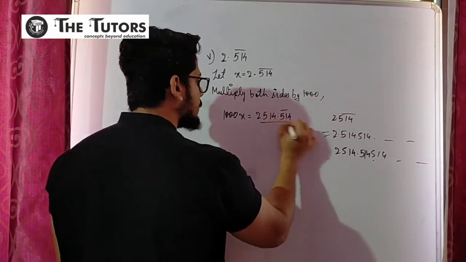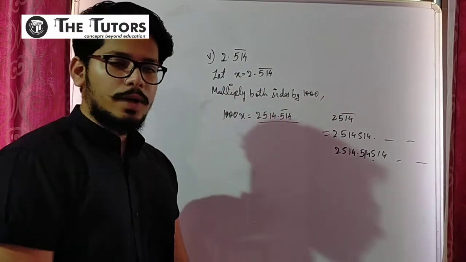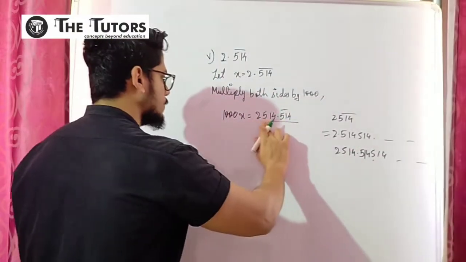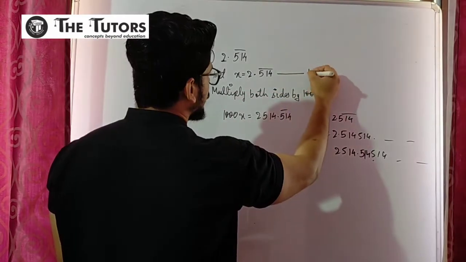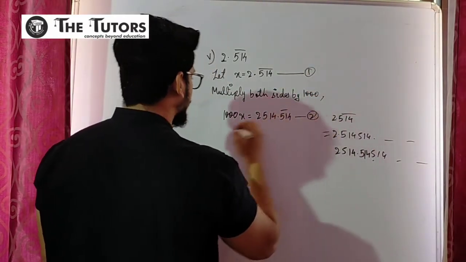This will be the answer when you multiply it by 1000. So this is your first, this is your second.